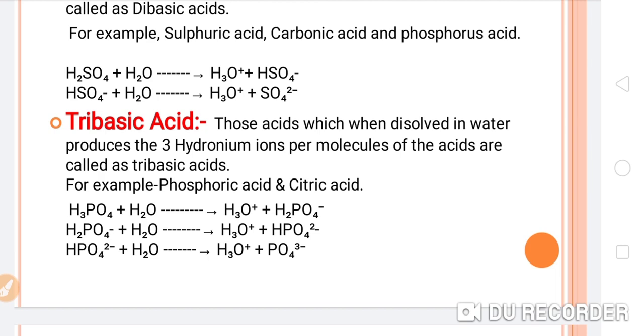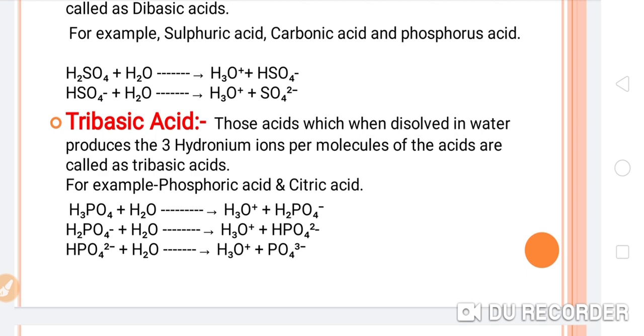Number first, here is phosphoric acid plus water, when you are dissolving phosphoric acid inside the water. In the first step you will get only one hydronium ion because only one hydrogen has been replaced from the phosphoric acid, and the remaining will be the anion, that is the H2PO4 anion.